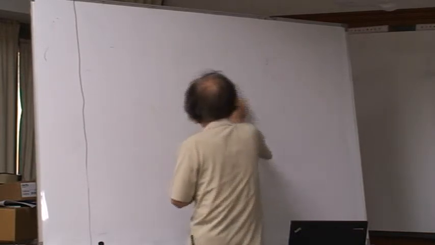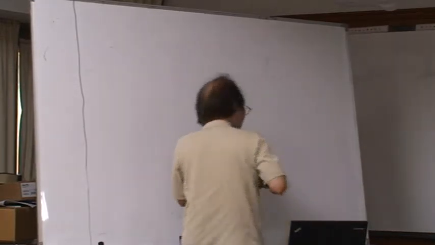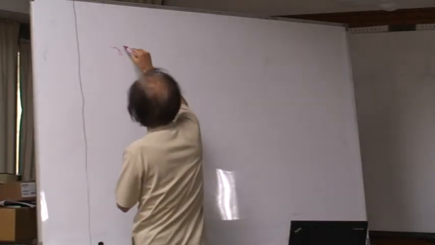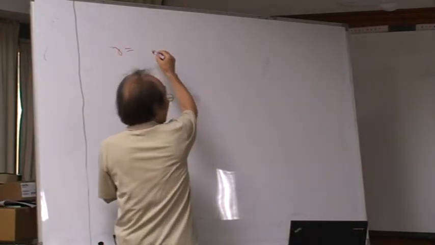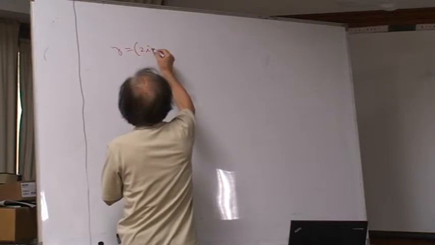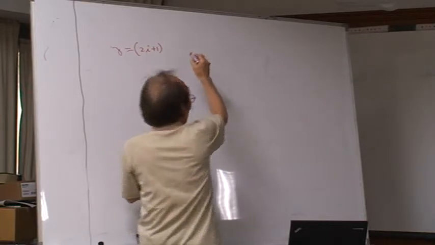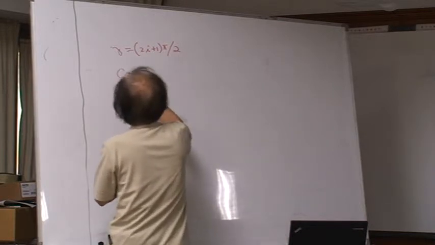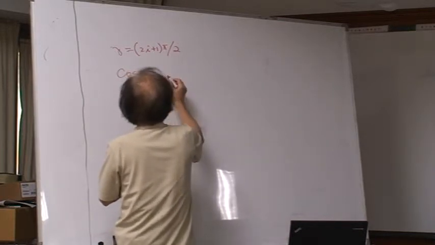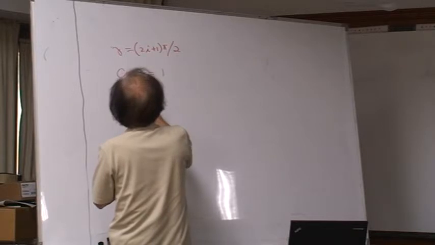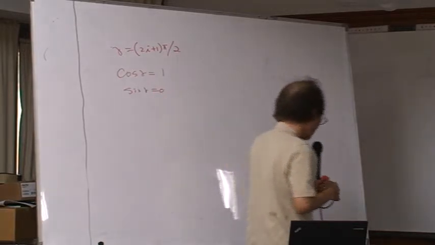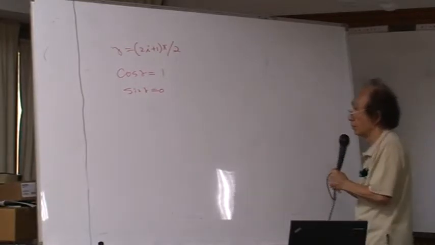That's why I just assume that. Now, if gamma equals (2i plus 1) pi over 2, then cosine gamma equals 0 and sine gamma equals 1, right? For any i.